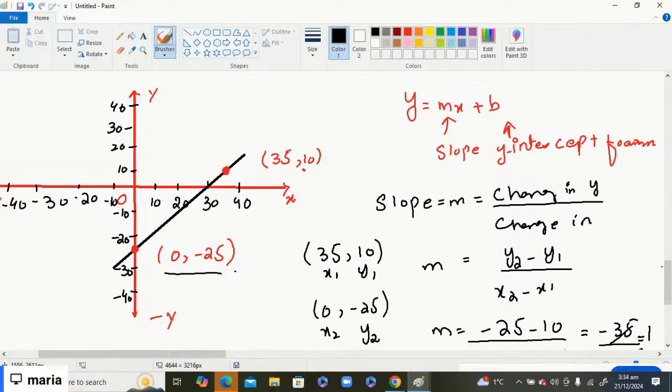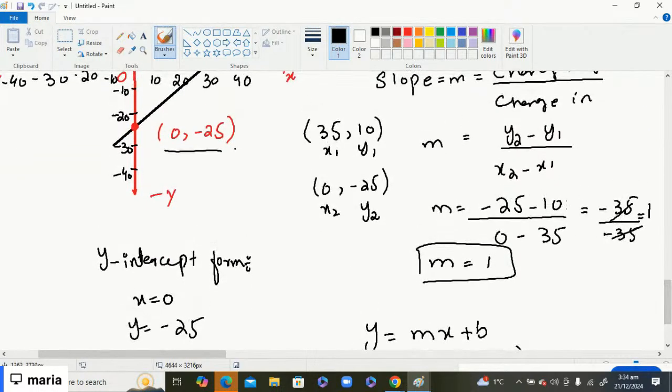So your slope is y2 minus y1 over x2 minus x1. Putting in the values, we get minus 25 minus 10, that is minus 35, over 0 minus 35, again minus 35. These cancel out and we get the answer 1. So we find that the slope is 1.